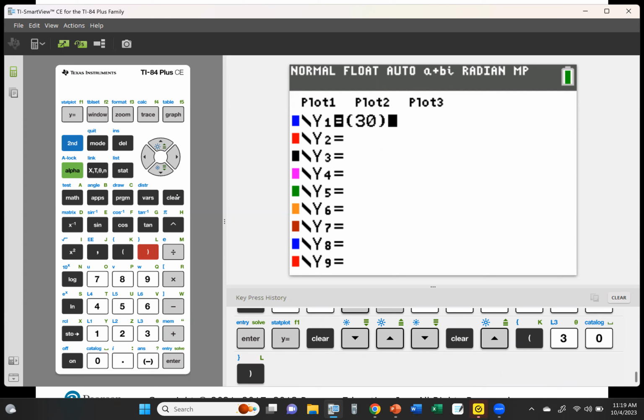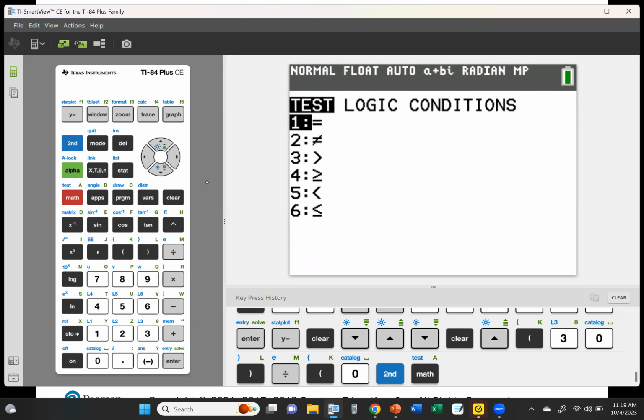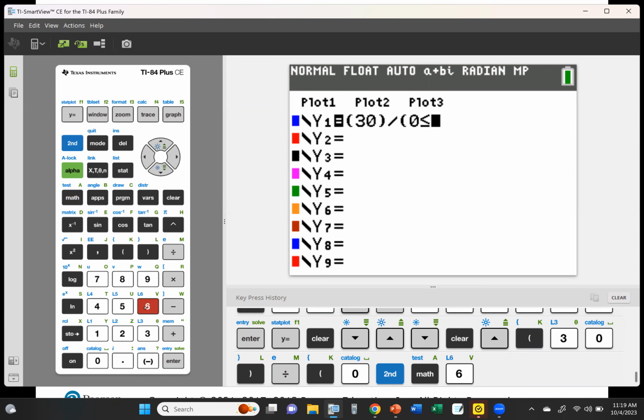And then I'm going to put the division symbol and then open the parentheses again and type in that inequality. So I have x is greater than or equal to 0. Go to my test menu, which is above the math, and find number 6.